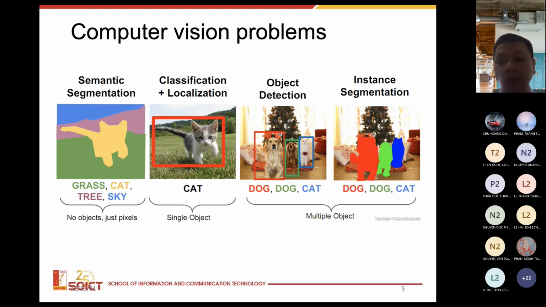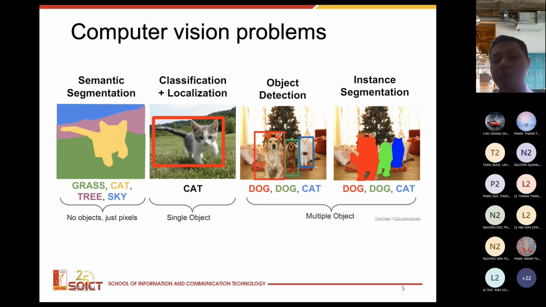And we have another problem that may be related to segmentation. Here we have instance segmentation. The output is to not only classify the pixels in the image, but also to distinguish which pixel belongs to which object, right?